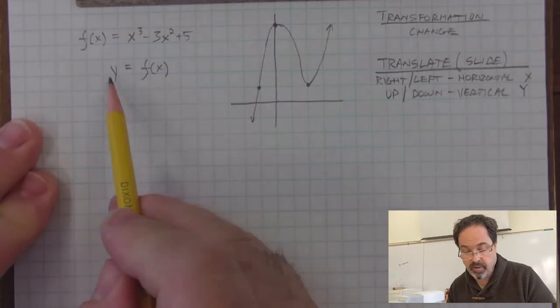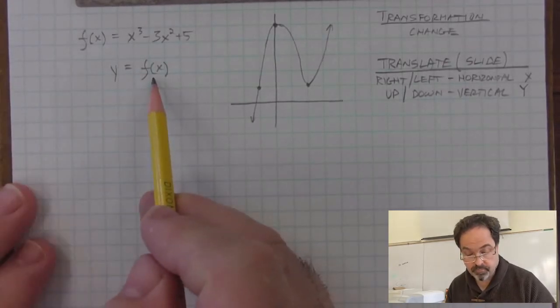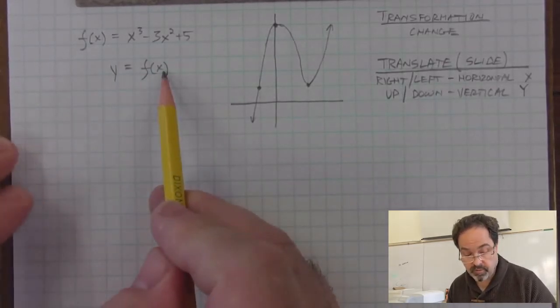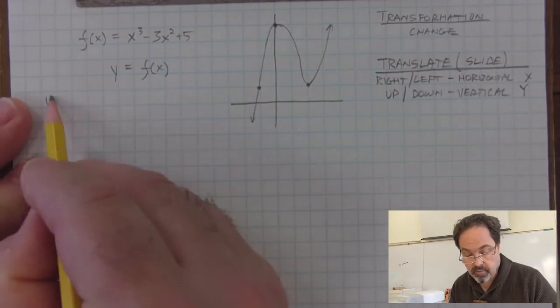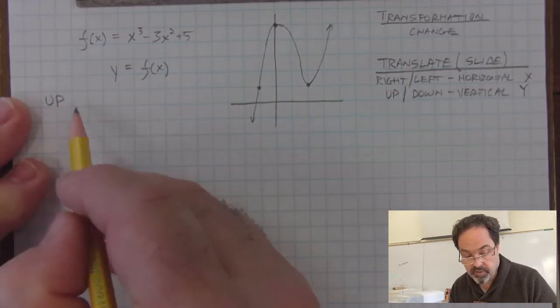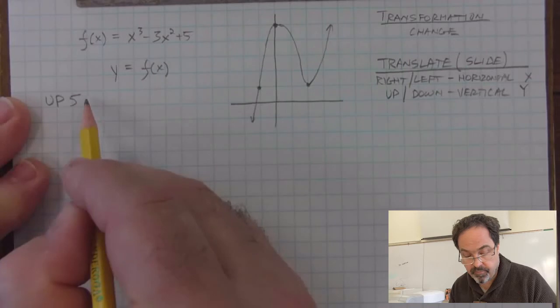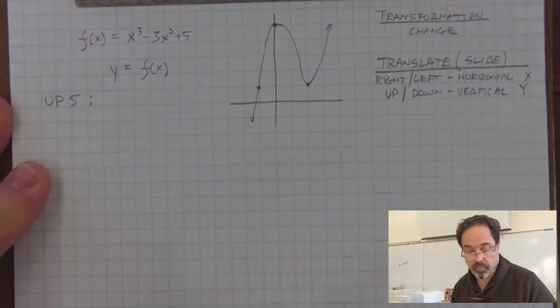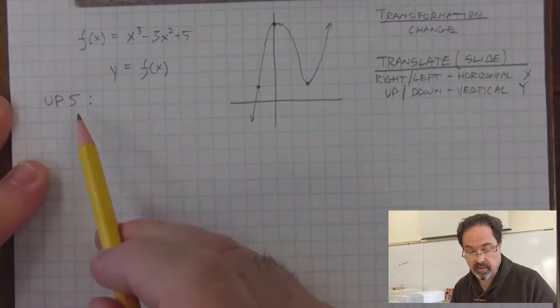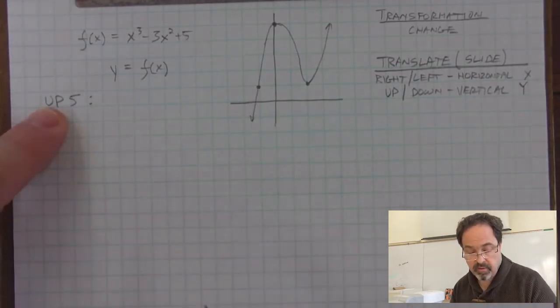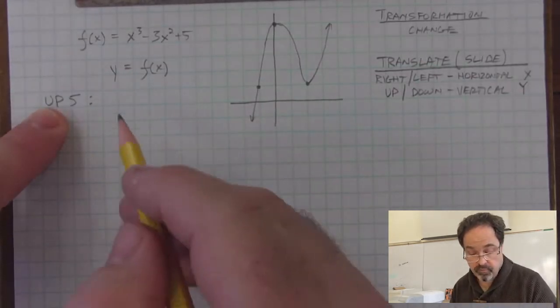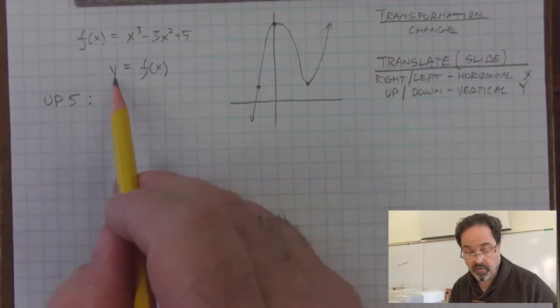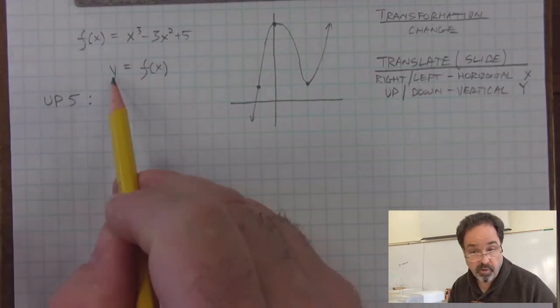So if we had a function, any function, in general we could say y is equal to f of x. Then we could describe a translation up by a specific amount, 5. And the way that we would transform the equation is that an up is a description of a vertical change, so we would modify the vertical variable y.